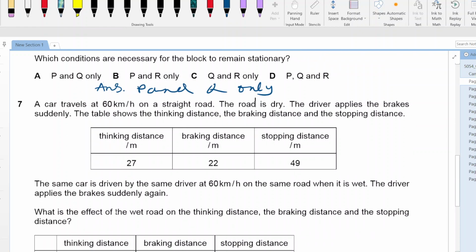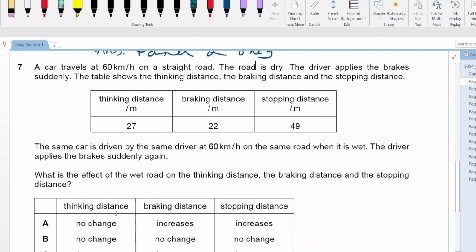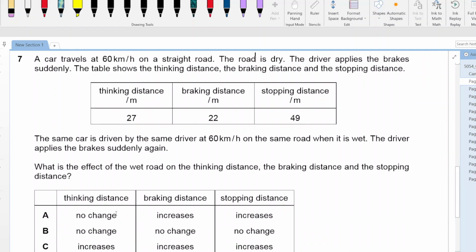The same car is driven by the same driver at 60 km/h on the same road when it is wet. The driver applies the brakes suddenly again. What is the effect of the wet road on thinking distance, braking distance, and stopping distance?